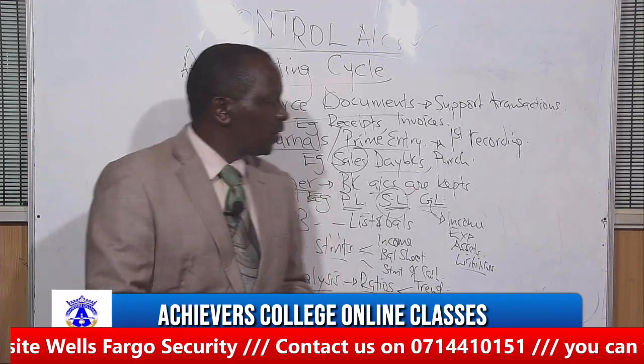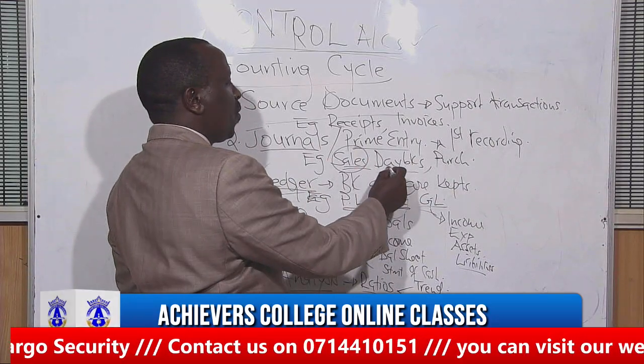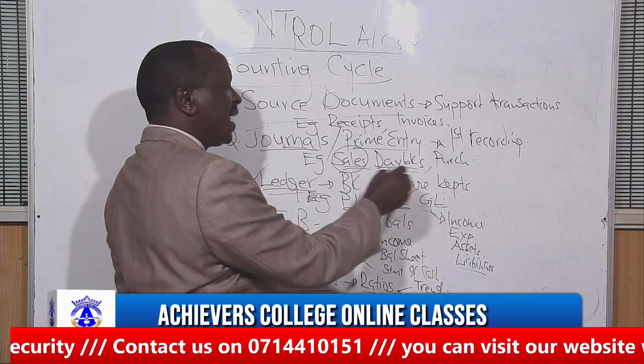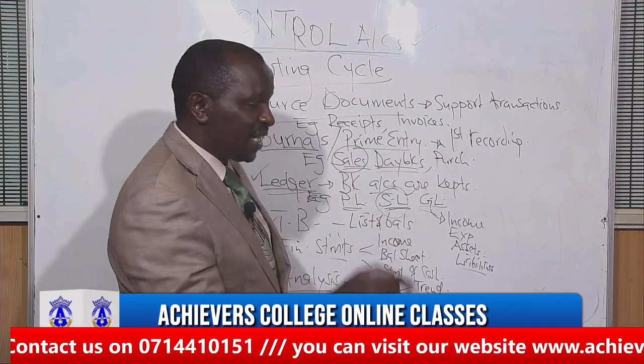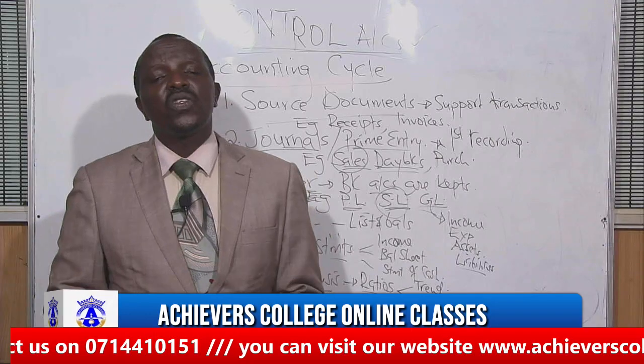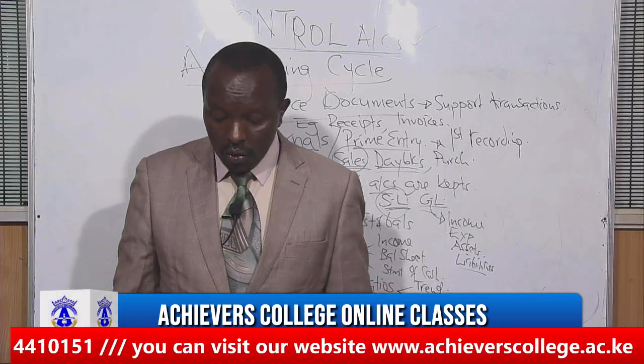They are total accounts because what we do is that we get the primary books or the journals, and we get the totals of the journals, and once we get the totals of the journals, we use those totals to draw control accounts.